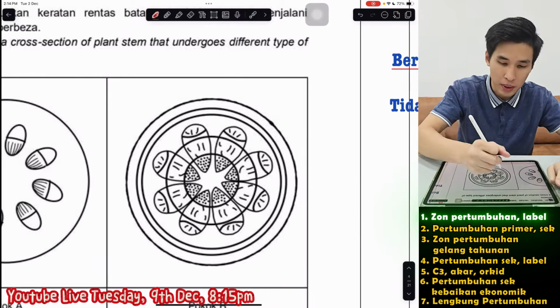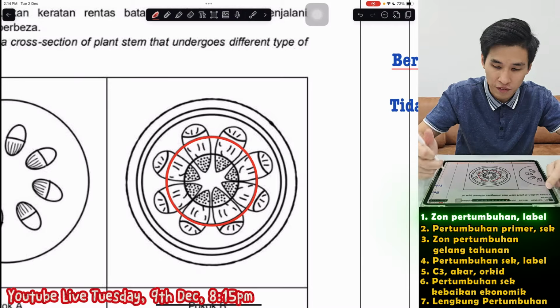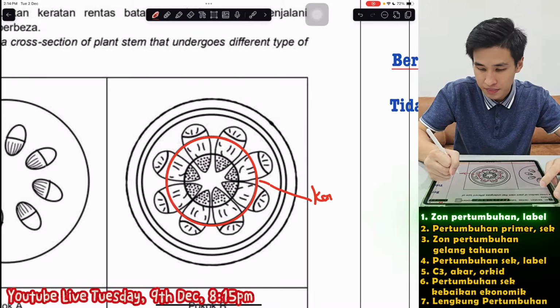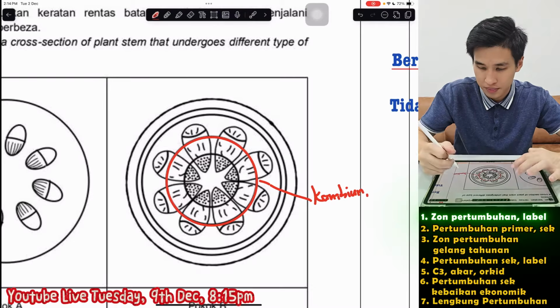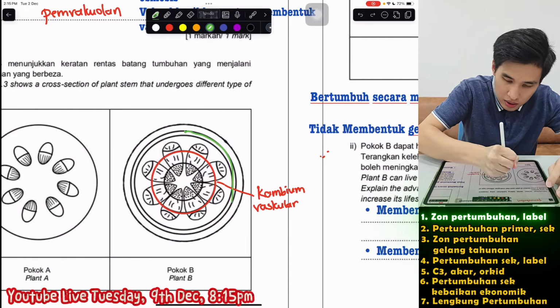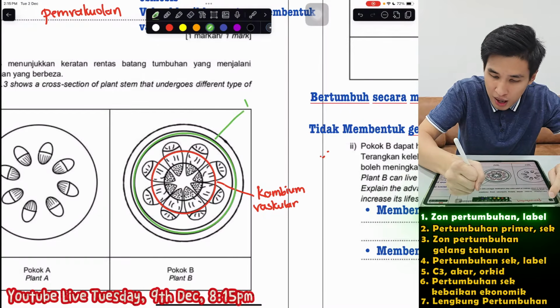Okay, remember there are 2 rings, 2 like gelang like that. So the first ring in the center is called kambium vaskular. Ring on the outside, this one, okay, it is called kambium gabus.